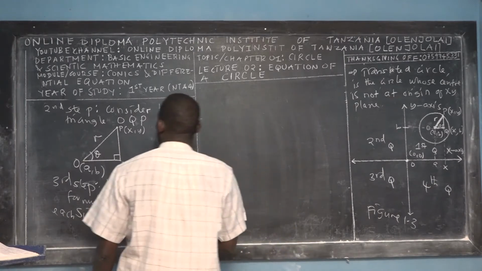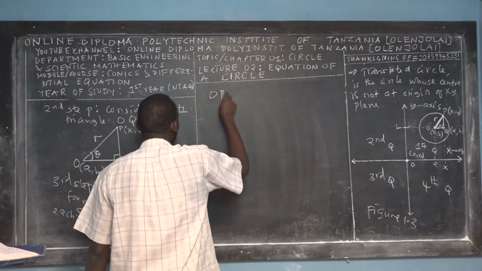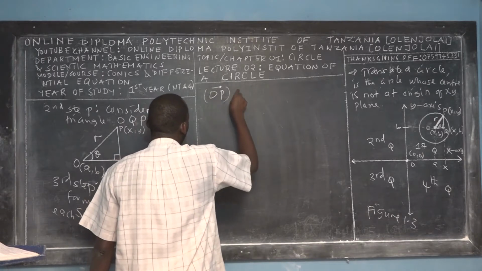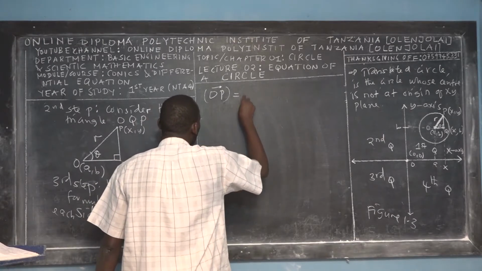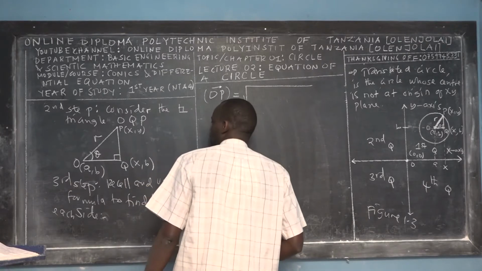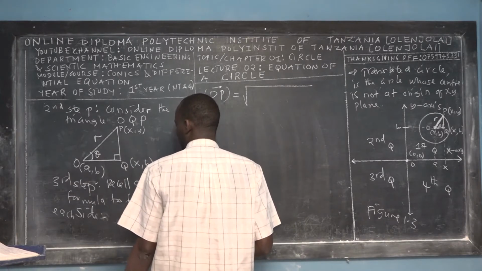Find the distance, okay, the distance of what? OP. So we say that the distance OP of the line segment OP will be the square root of what? For OP, we just say that is x minus a here.